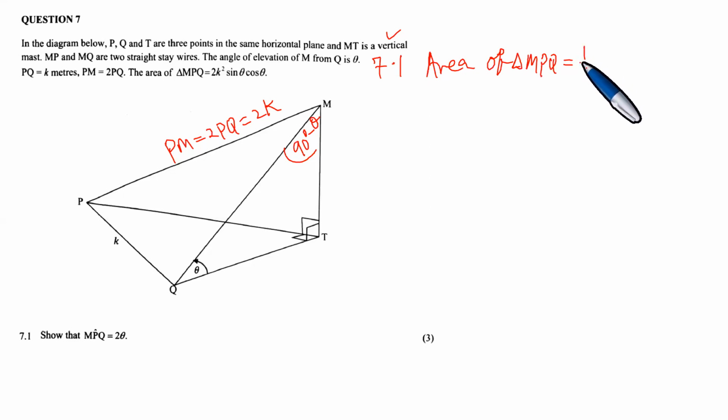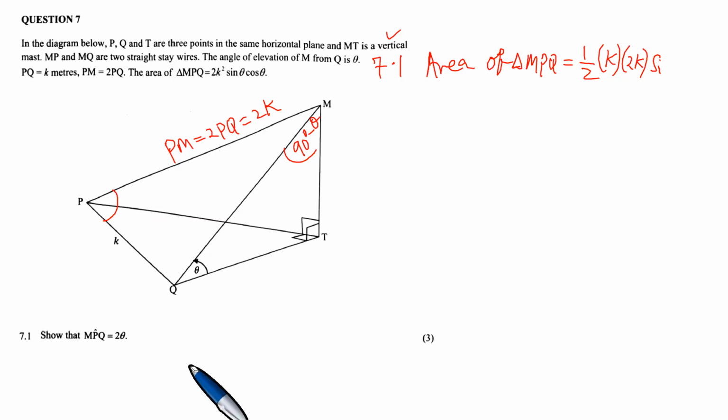It's 1/2 into K into twice K into the trigonometric sine of the angle included. What is the angle included by the sides? It's this angle here, and this angle is actually the angle MPQ. So we erase this one here.